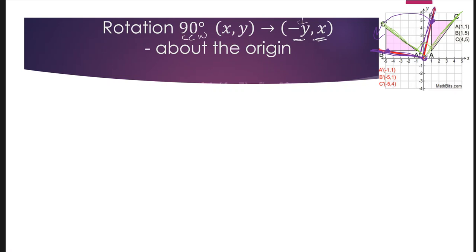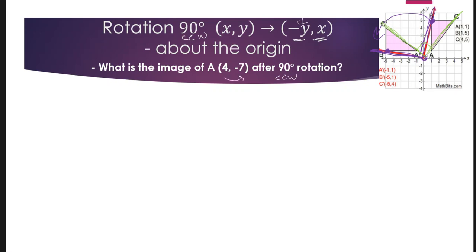I have a quick example here before we actually do one in the coordinate plane. It's saying, what is the image of A after a 90-degree rotation? Again, if it doesn't say any direction, it's counterclockwise. That's the default. First thing I normally do is just do the switch. So let's do the switch first, and then we'll acknowledge the sign.